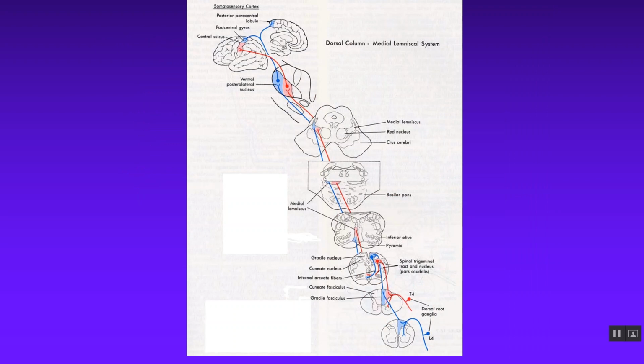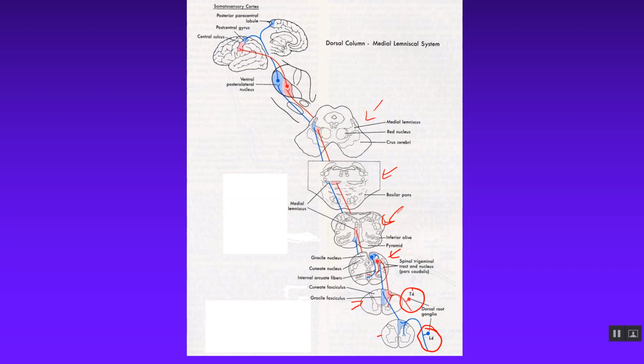All I want you to appreciate from this picture, this is a similar picture showing the lower body in blue in this case, upper body in red. This is spinal cord, these first two sections, then we have lower medulla and upper medulla, pons, and midbrain.